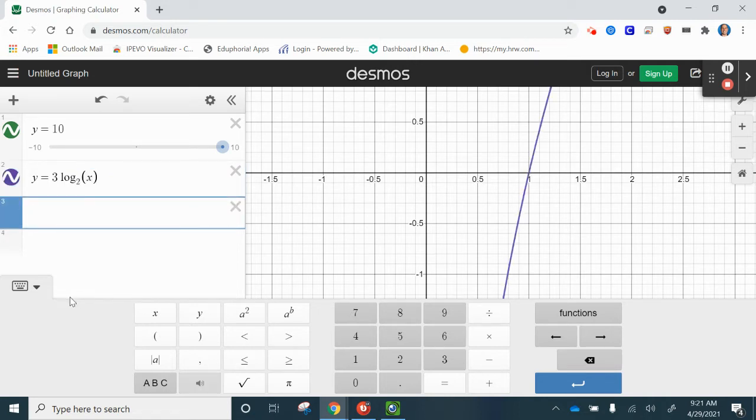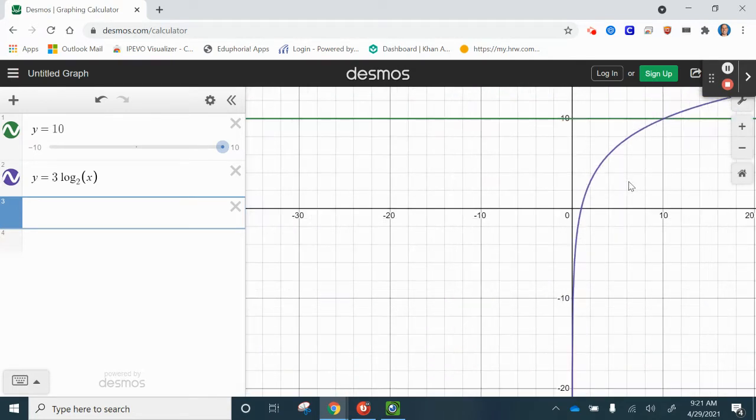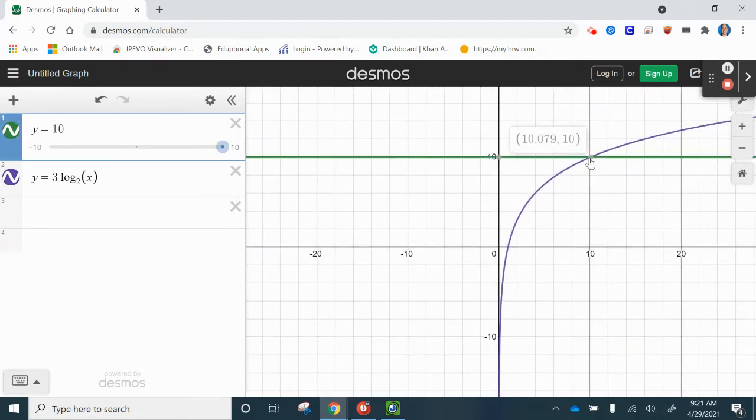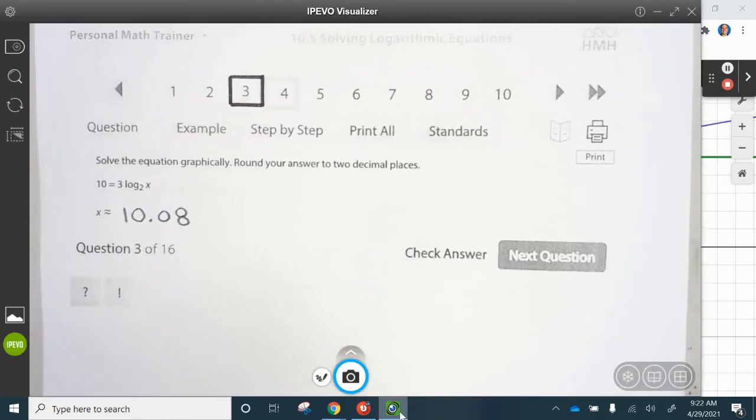Now let's minimize this, press the home key. We're going to zoom out. We see here they intersect. We're going to click right there. And it wants 2 decimal places, so it's 10.08. All right, let's move on to the next question.